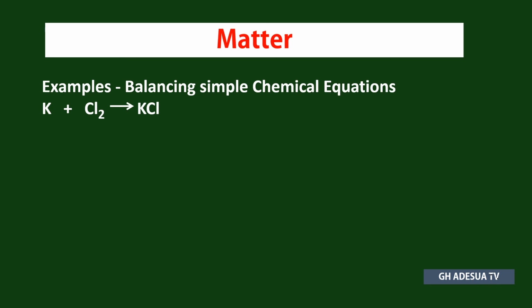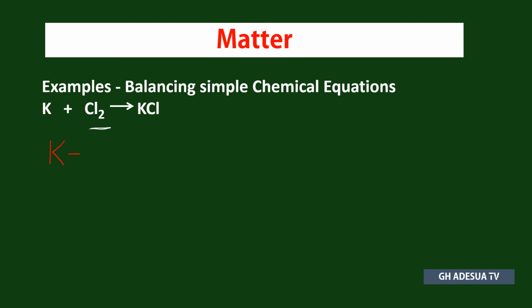So in this one we have potassium and chlorine. Potassium and chlorine. Now like we said, chlorine would always have a subscript of 2, but then potassium is 1. Okay. Now let's look at the number of atoms on both sides.